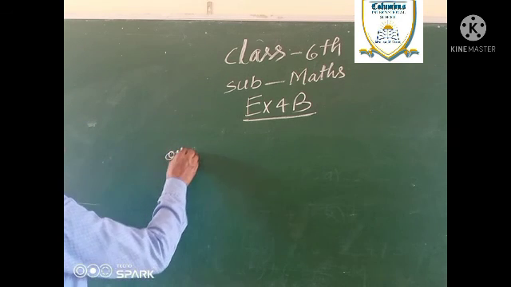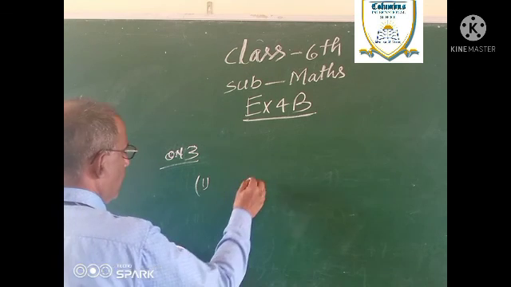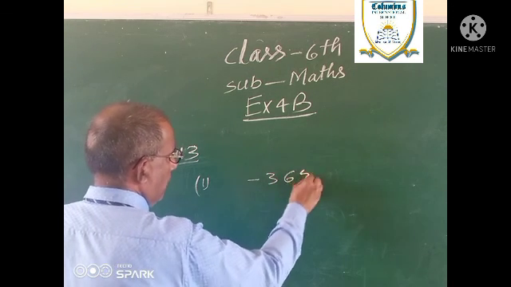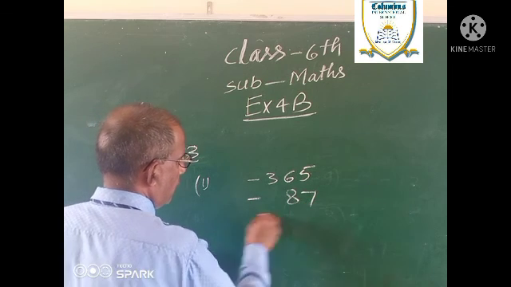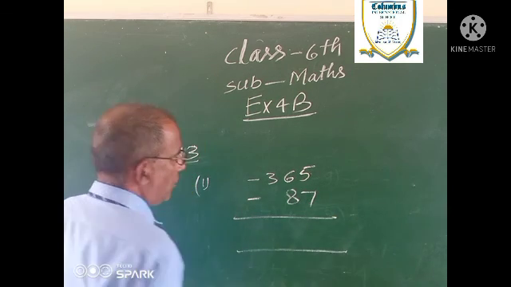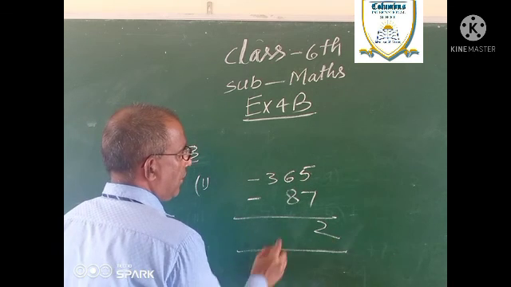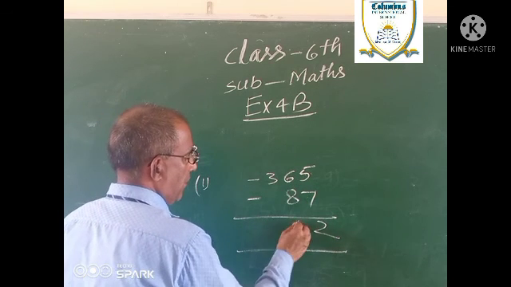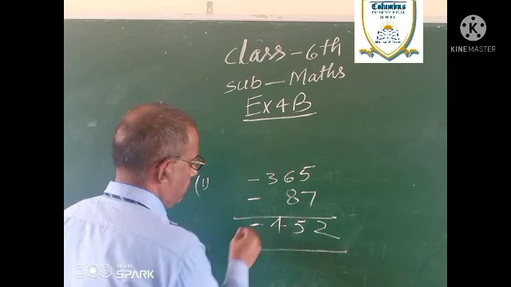Question number 3. First question, -365 minus 87. We add both the numbers and put the minus sign. That is 7 5 12, 2 carry 1, 8 1 9, 6 15, 5 carry 1, 3 1 4. Put the minus sign.